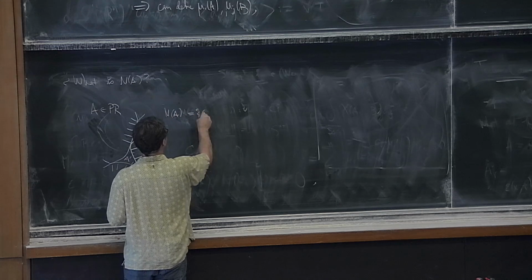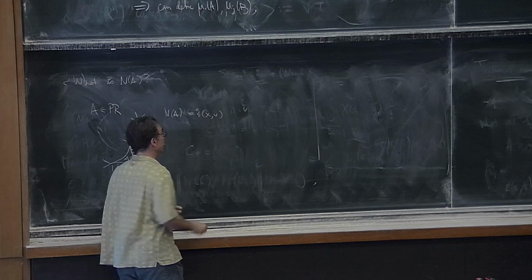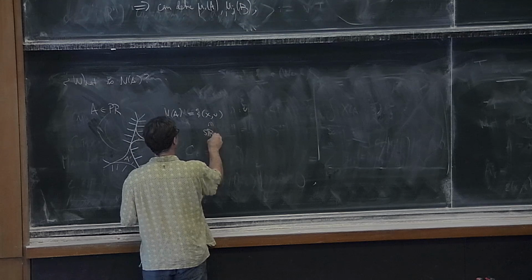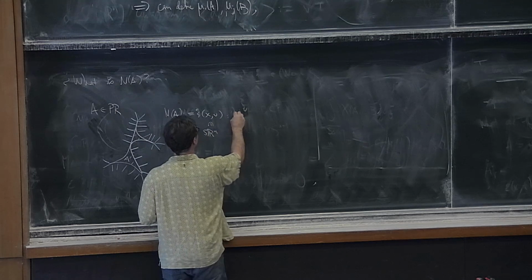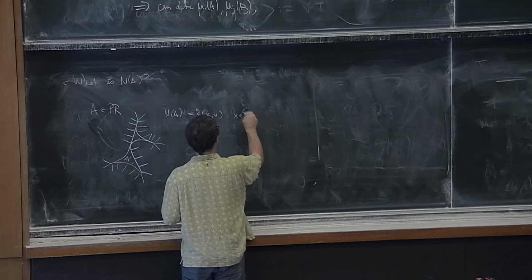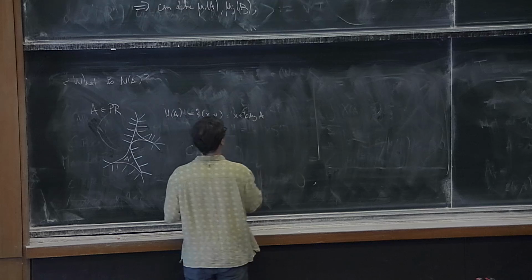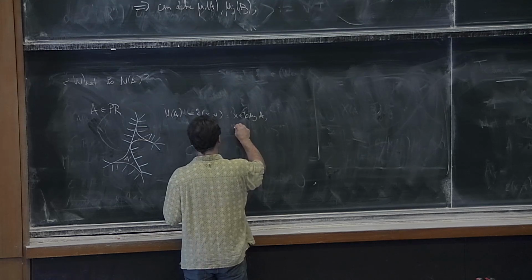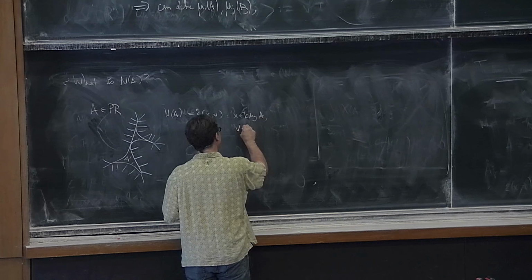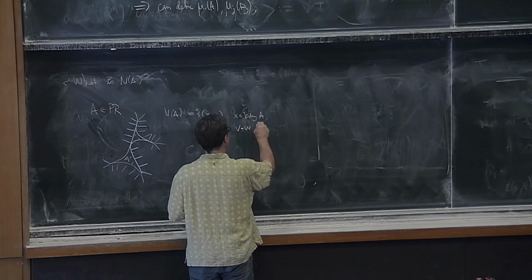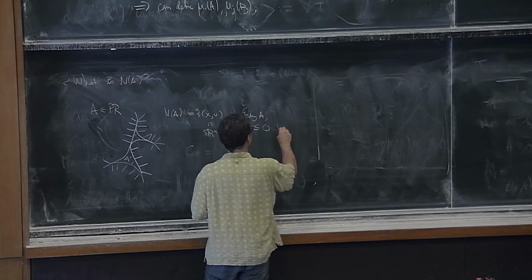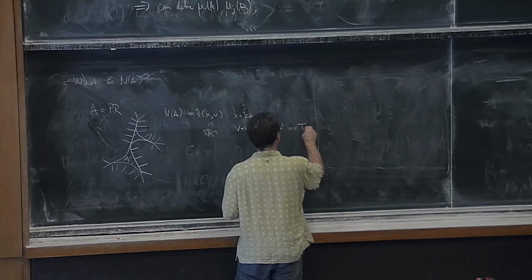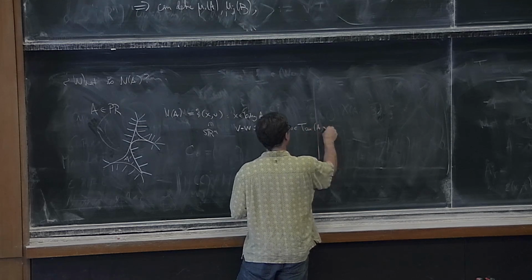N of A is the set of all, say, (x, v), inside the sphere bundle, where x belongs to the boundary of A. I'm going to use this word for the topological boundary. And v inner product with w is non-positive for all tangent vectors w to A at x.